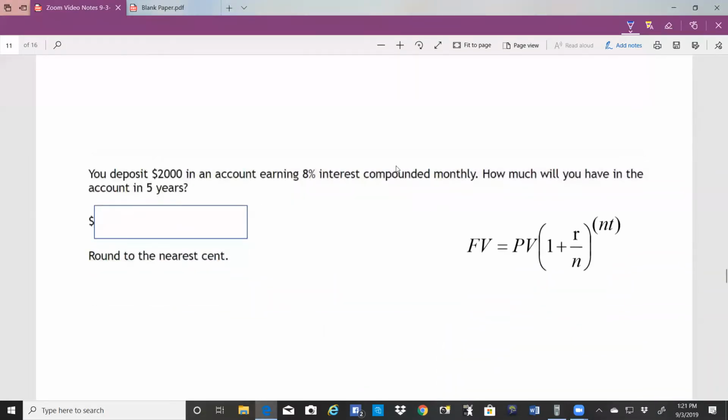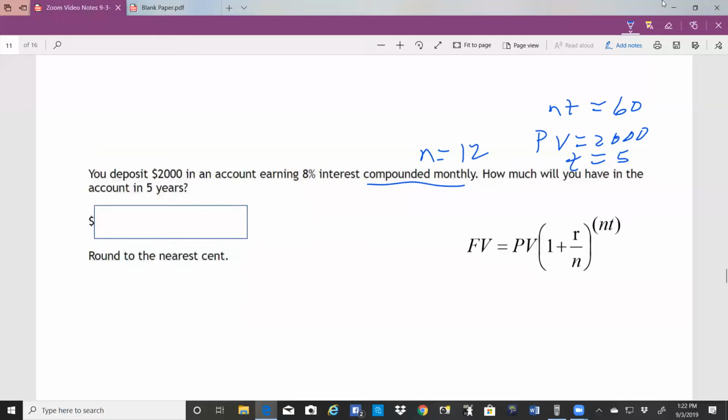Another example in which we have compounding monthly, which makes N equal to 12. Present value is 2,000. And T is equal to 5. NT is equal to 60.